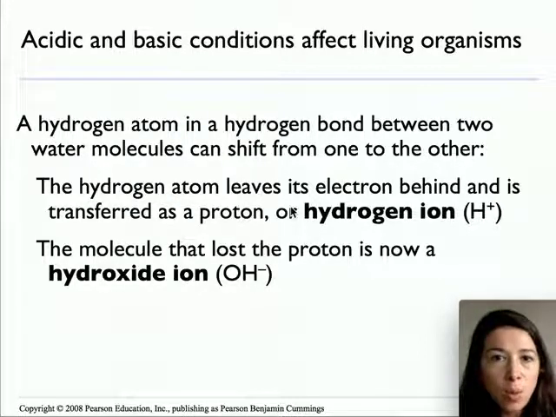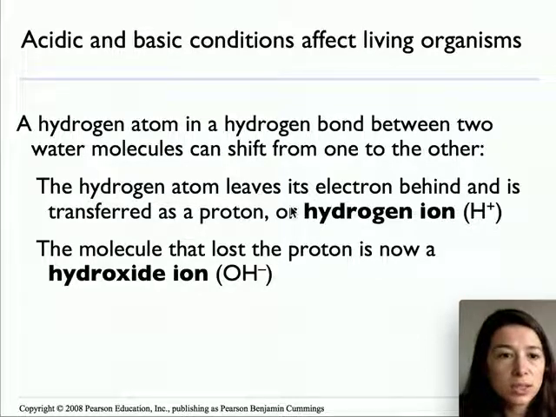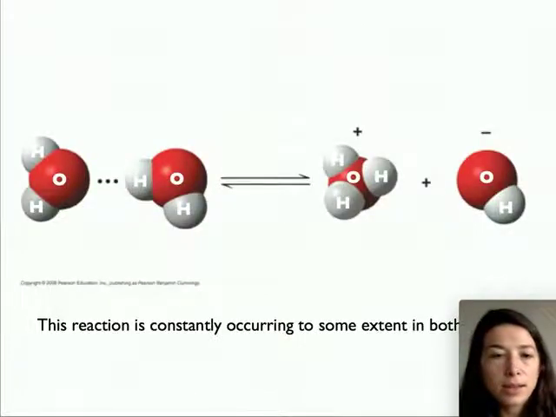So if we think about water, it has 2 hydrogens and 1 oxygen, and sometimes a hydrogen leaves. So every once in a while, here's our water molecules, and here's our H's and our O's, right? H2O is water, and sometimes a hydrogen ion leaves and hops onto another molecule.